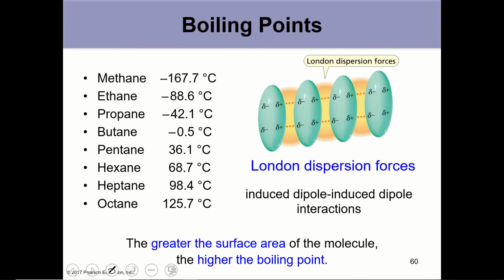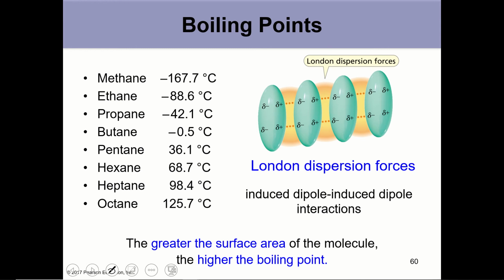The greater the surface area of the molecule, the higher the boiling point. As the carbon number increases, the surface area increases, and so does the boiling point. Now, I've already discussed earlier in this chapter that a branched molecule of butane would have a smaller surface area than an unbranched molecule of butane.